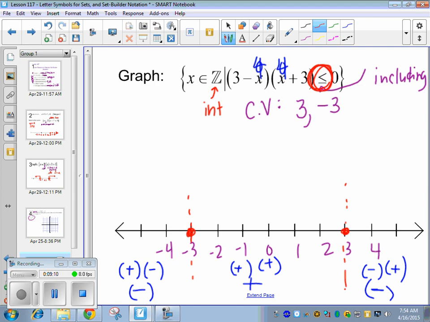So are we looking for the negative or the positive here? Negative. The negatives are less than 0. So that means we are going to shade this way. So we have an OR graph, and this way. All right, so always test a point in between each region.